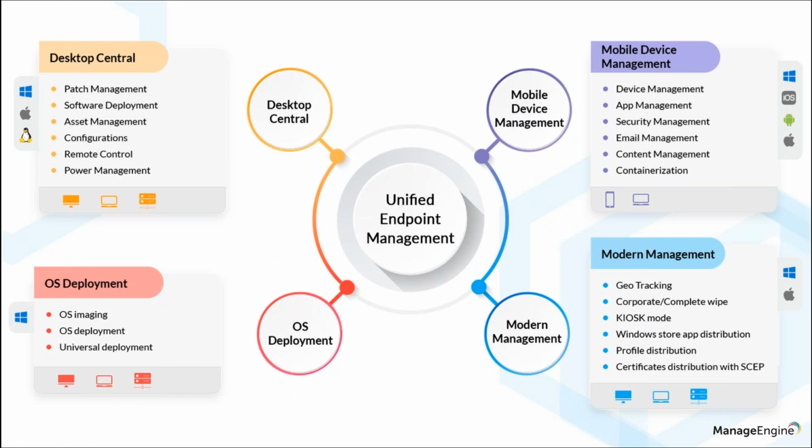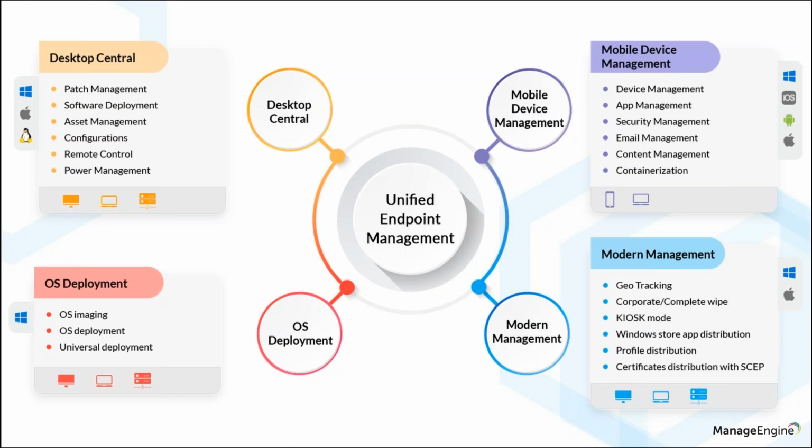You can manage other functions, including mobile device management for mobile devices like iOS, Android, Windows, and Chromebooks. Then we have modern management, which is for Windows and Mac machines. You can perform things like, as I mentioned before, geo tracking, complete or corporate wipe.